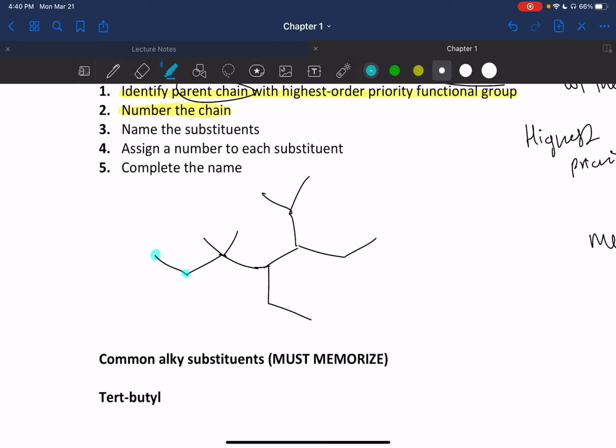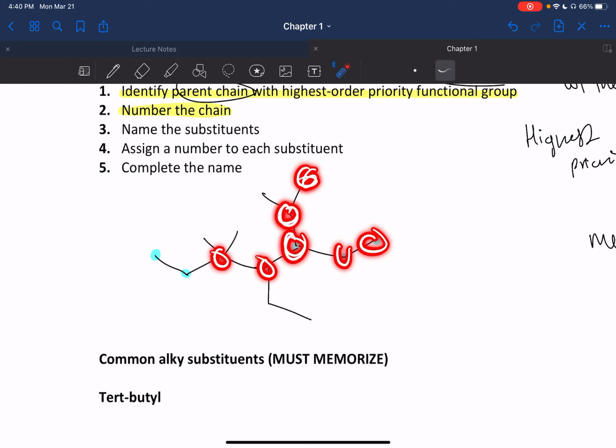So let's see, we have 1, 2, 3, 4, 5, 6, 7. Now you could take this around, but anytime you take it around, it won't give you any more carbons.